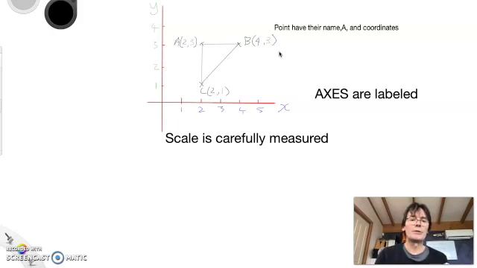I also strongly recommend that you use the same scale on the x-axis as you use on the y-axis. If your scales are different, then perpendicular lines will not look perpendicular when you draw them, and then you won't be able to check that you're doing it correctly. Okay, so pause the video and draw that up.